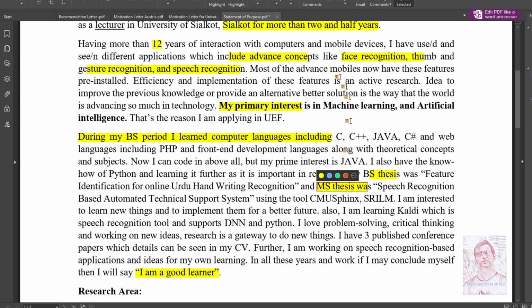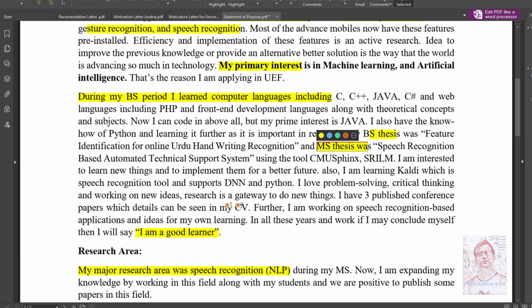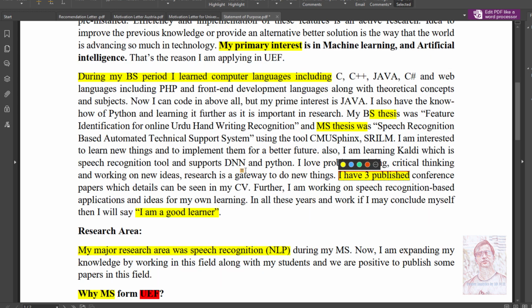Although this motivation letter is for the master's degree, I am still mentioning that I already have a master's degree. I think there is no need to hide it if you already have one. At that time I already had the master's degree, but I am still explaining those things in my motivation letter. Then I mentioned some publications. At that time I did not have journal publications, but later on I did.